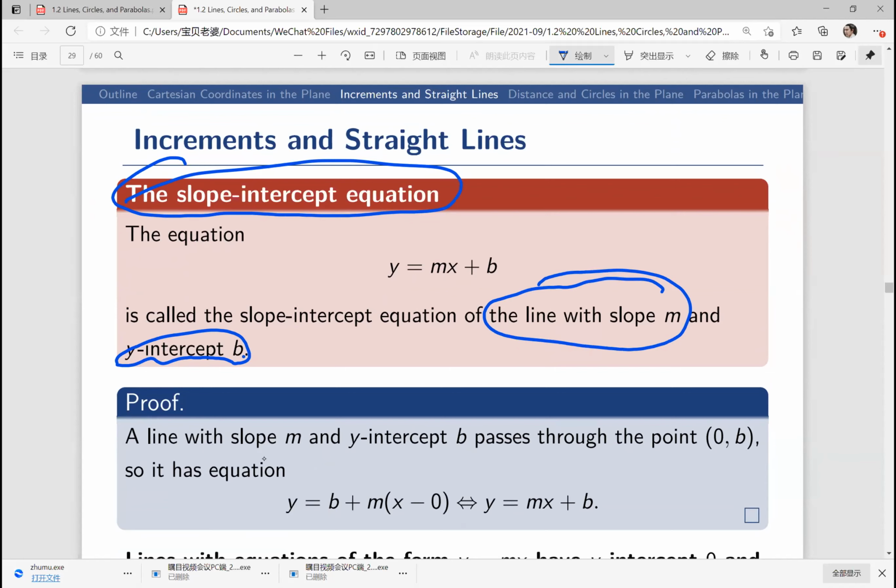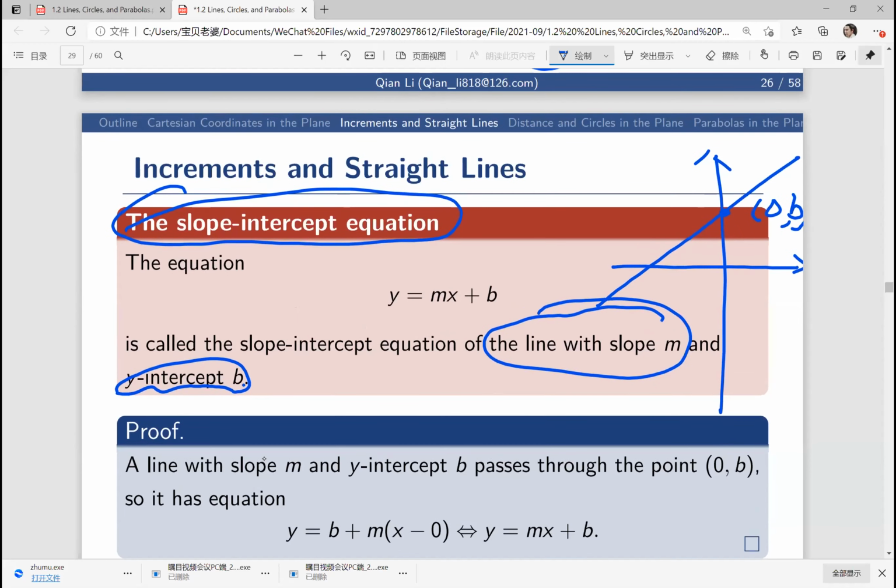Okay, let's see this equation. The y-intercept is b, which means this line must pass through the point (0, b), right?